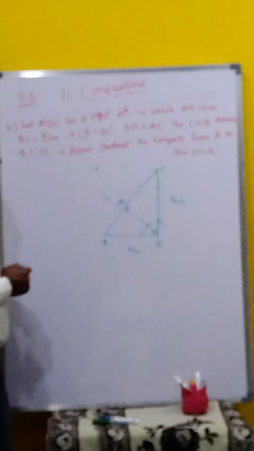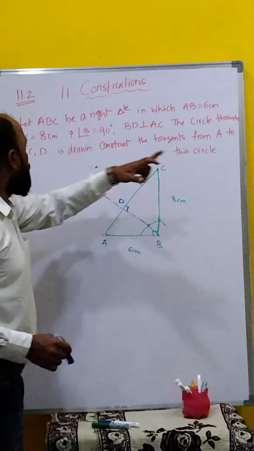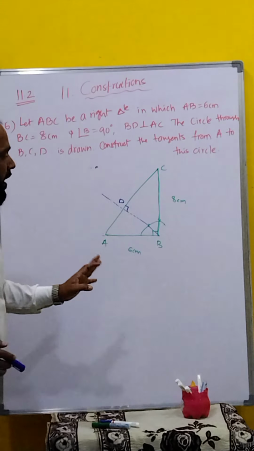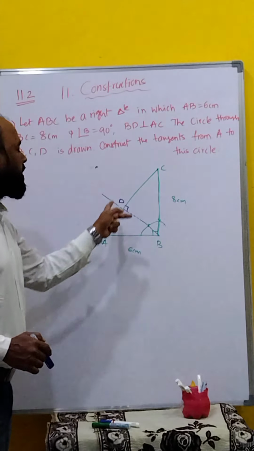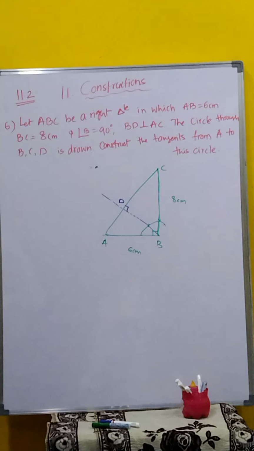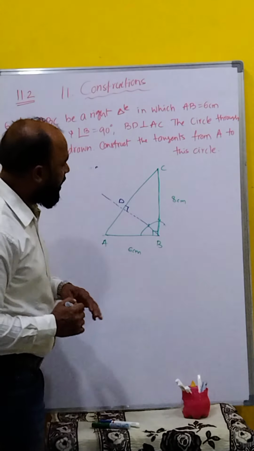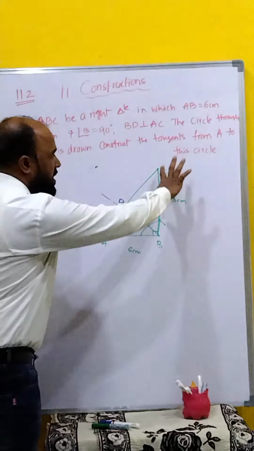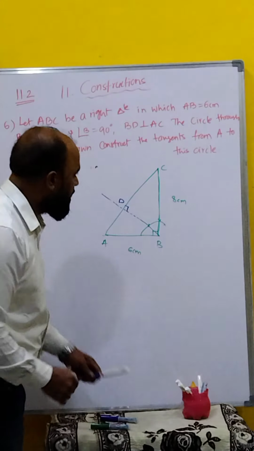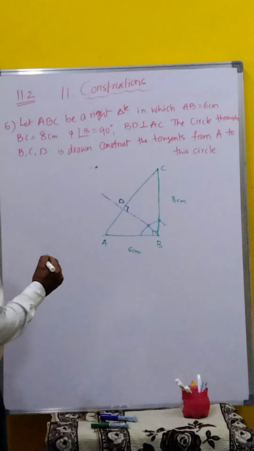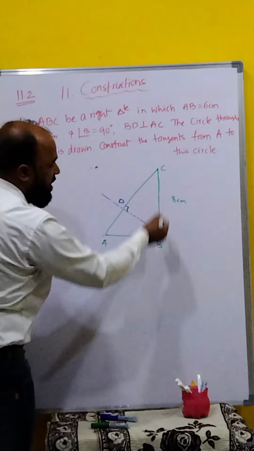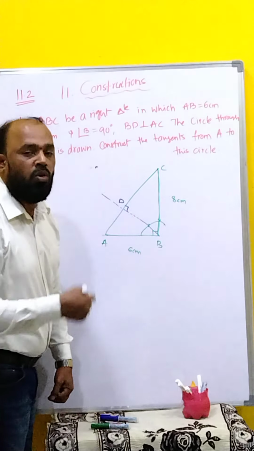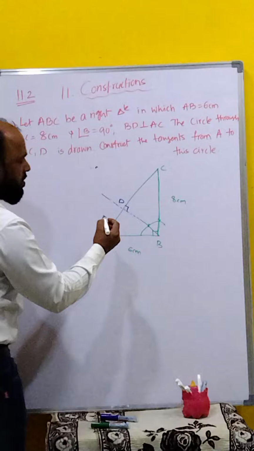Now what we have to do is draw the circle through BCD. For that, we draw a perpendicular bisector of BC. BC is this line. Here BC is 8 centimeters. We select more than half.